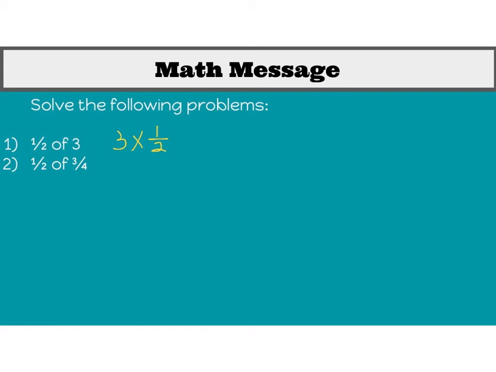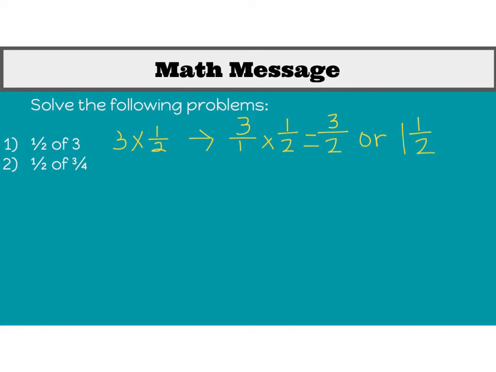And then, of course, that means that we would take that 3, place it over 1 times 1/2. We multiply our numerators, 3 times 1, we get 3. Multiply our denominators, 1 times 2, we get 2. So our answer would be 3/2, or we can turn that into a mixed number of 1 1/2. So that's how you could do that first one.